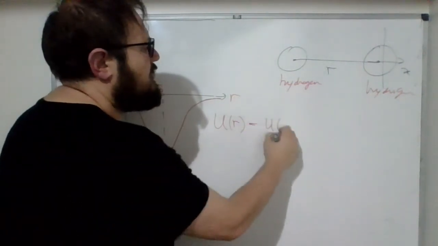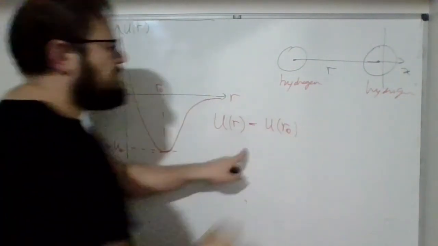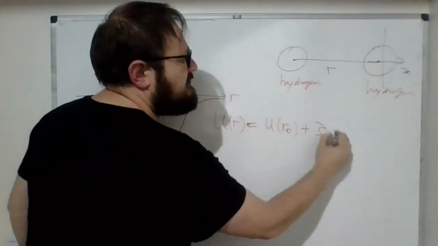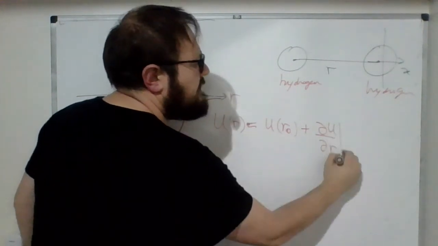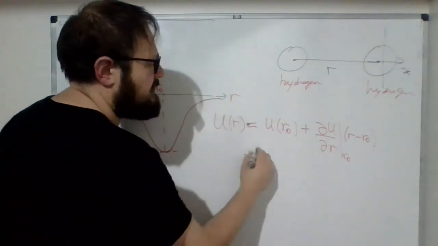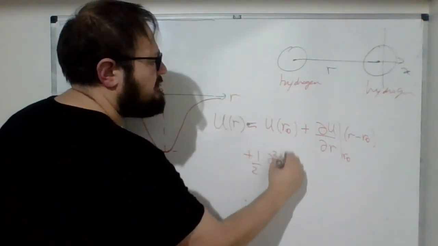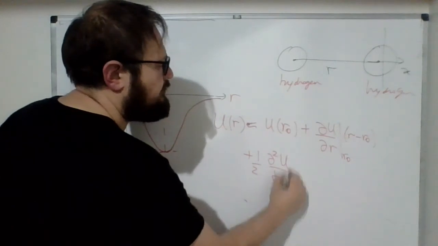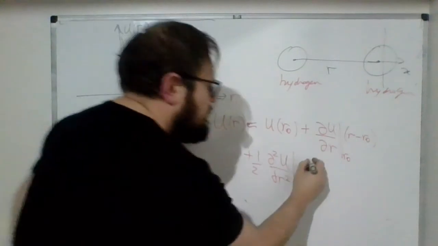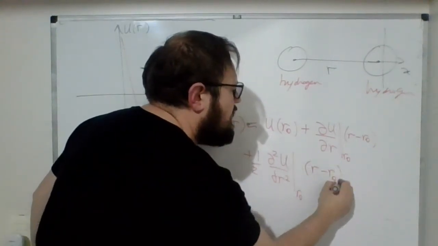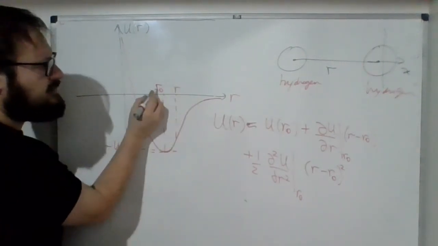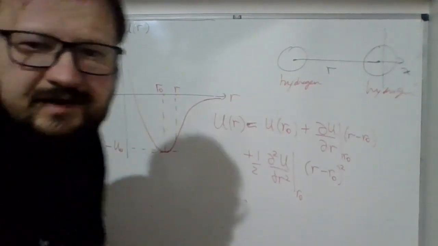So it is u of r naught, which is the equilibrium point, plus the derivative of the potential calculated at that point times r minus r naught, plus one half the second order derivative of the potential calculated at r naught times r minus r naught squared, where r is the actual position and r naught is the equilibrium position.